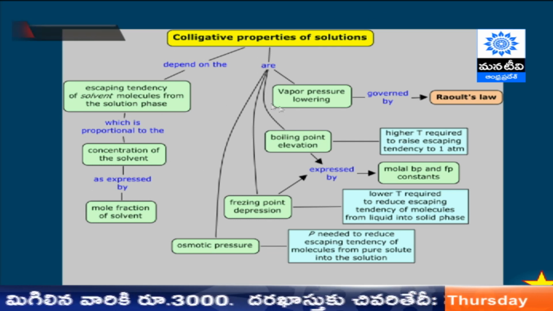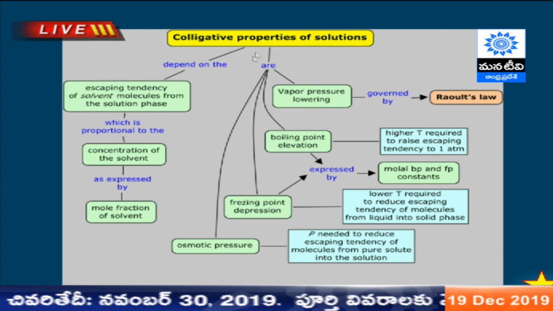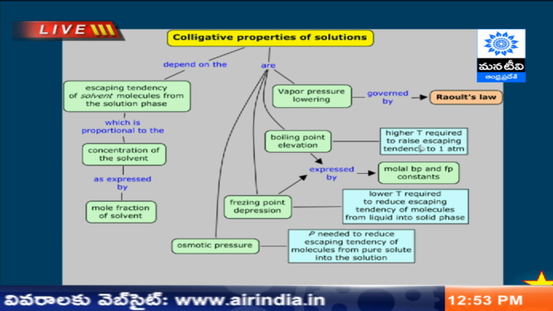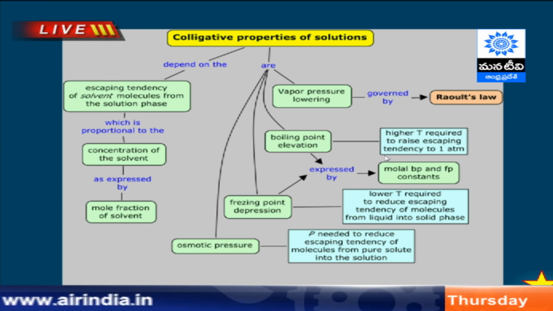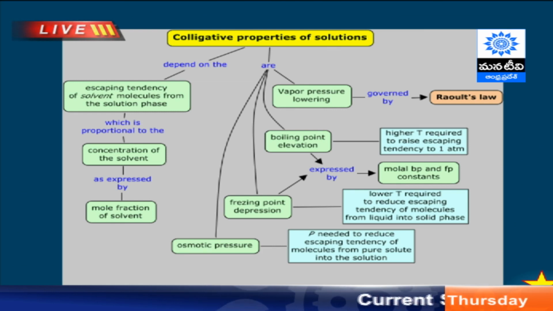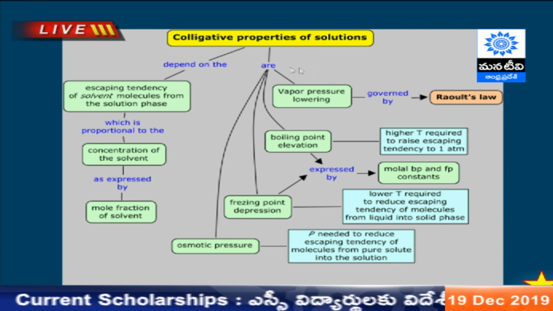Vapor pressure lowering is governed by Raoult's law, and for boiling point elevation, a higher temperature is required to raise the escaping tendency to atmospheric pressure, which is 1 atmosphere. So, you can see the whole setup of these physical properties as the escaping tendency of the solvent.